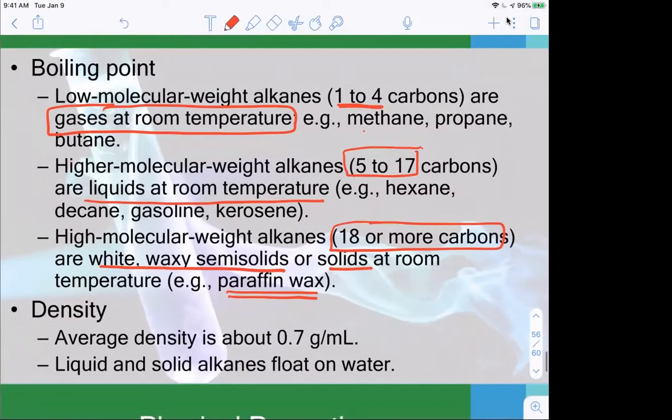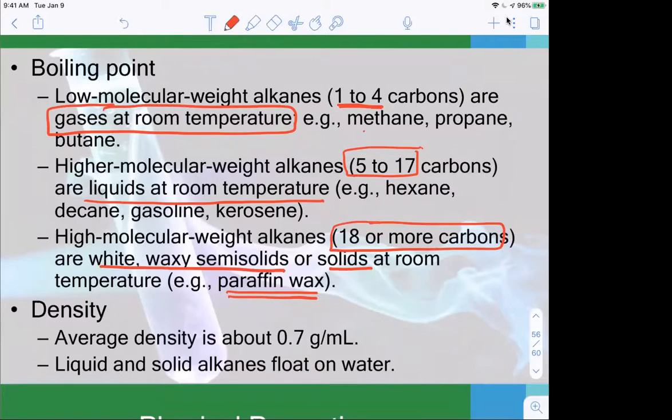So again, think about why, if I only had 1 to 4 carbons, my low molecular weight alkanes would be such low boiling versus if I had 18 or more carbons. Remember, as I add surface area, I'm increasing the magnitude of the London dispersion forces.